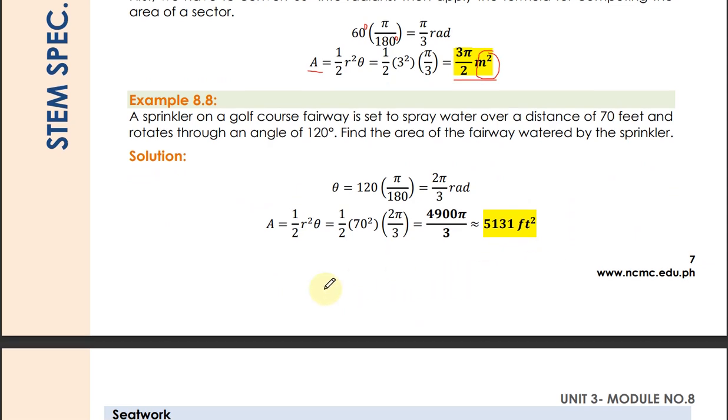Another example. A sprinkler on a golf course fairway is set to spray water over a distance of 70 feet and rotates through an angle of 120 degrees.